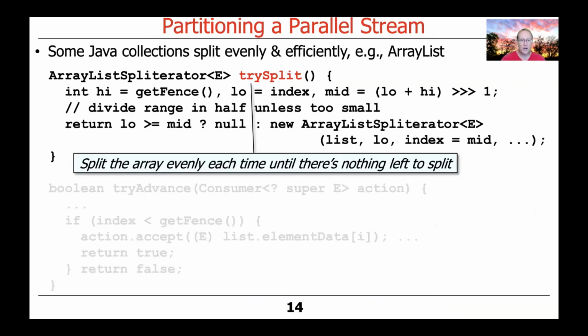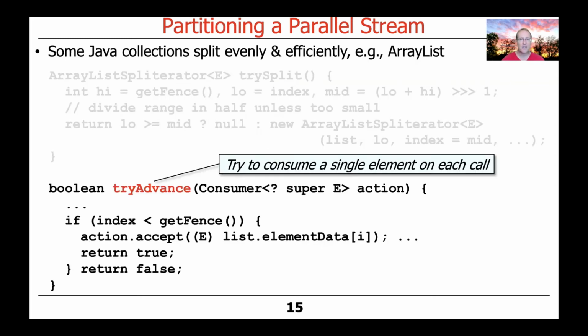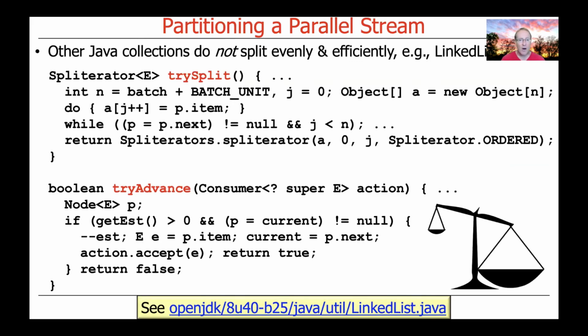Try split will split the array evenly until there's nothing left to split. And then try advance will consume a single element when it's called, in order to get that element out of the right part of the list and give it back to the streams framework for further processing as a stream.